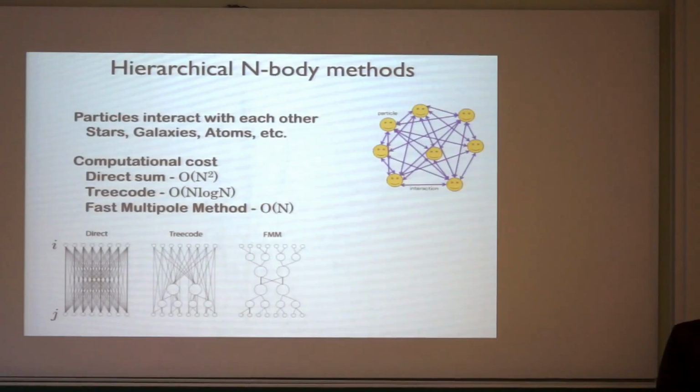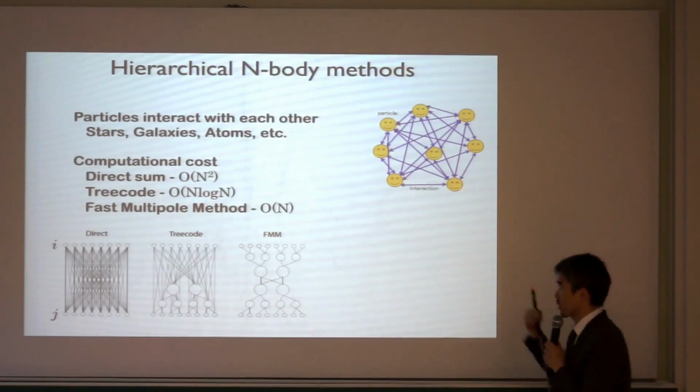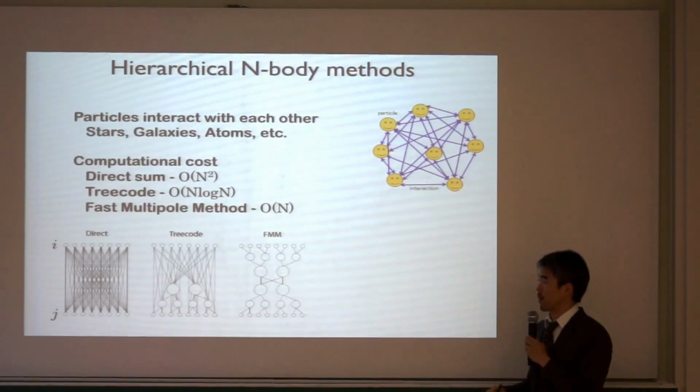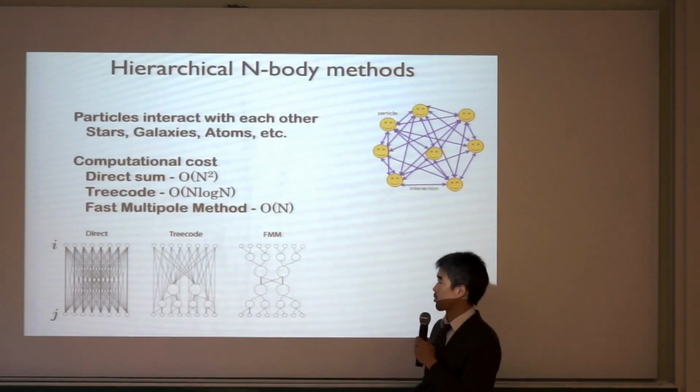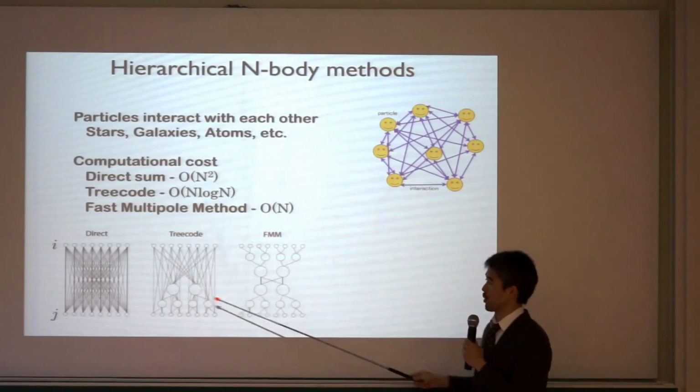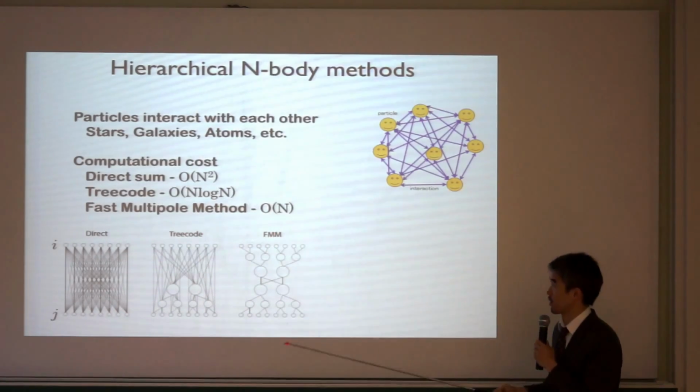Okay, so now going into what the FMM is, what a tree code is, and what a direct n-body method is. This picture is the simplest way to explain the difference between these three methods.